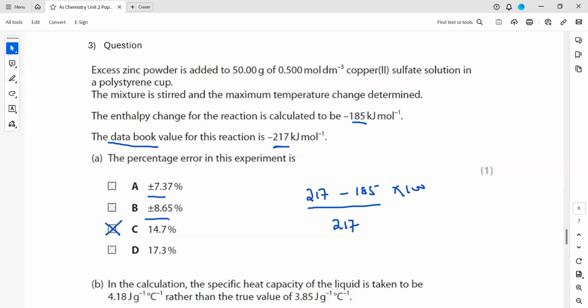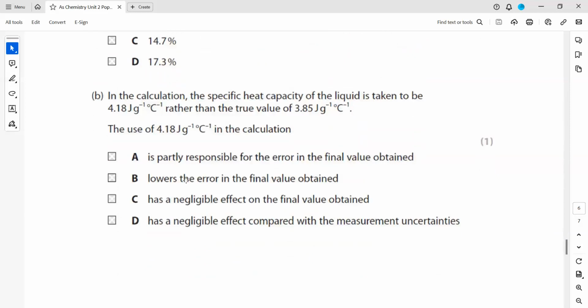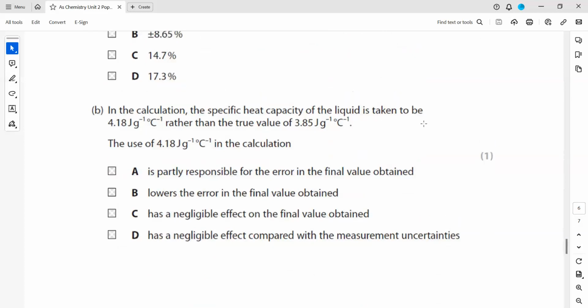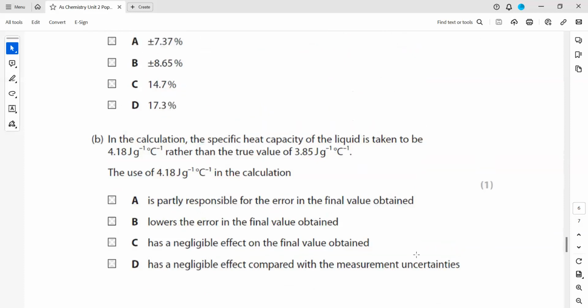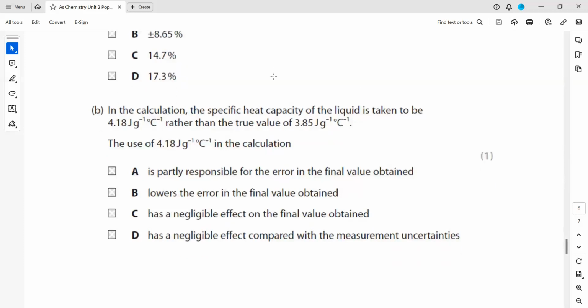Then in the calculation, the specific heat capacity of a liquid is taken as 4.18 rather than the true value, which is 3.85. So instead of using 3.85, we use 4.18.